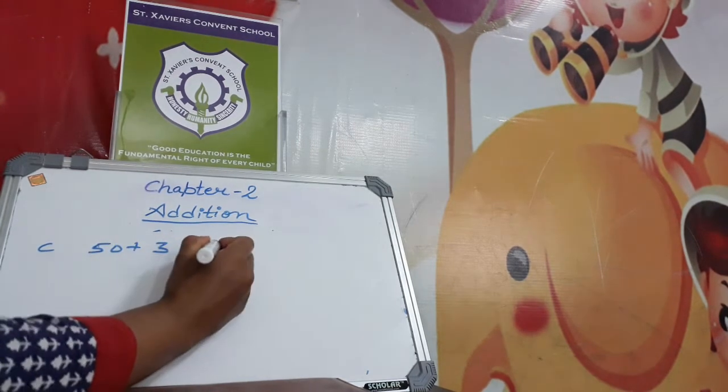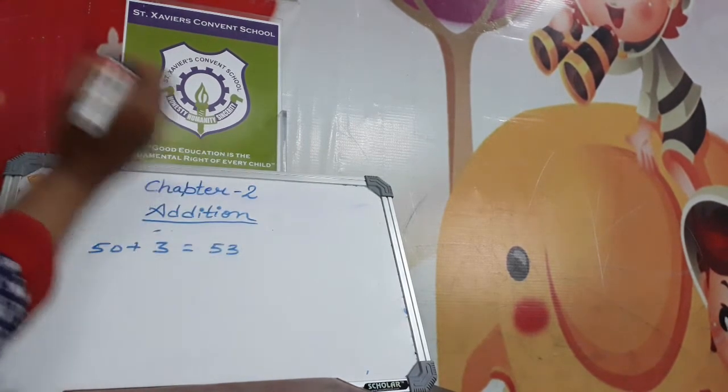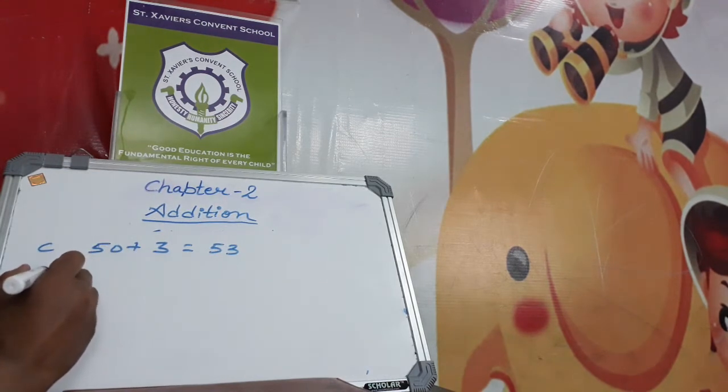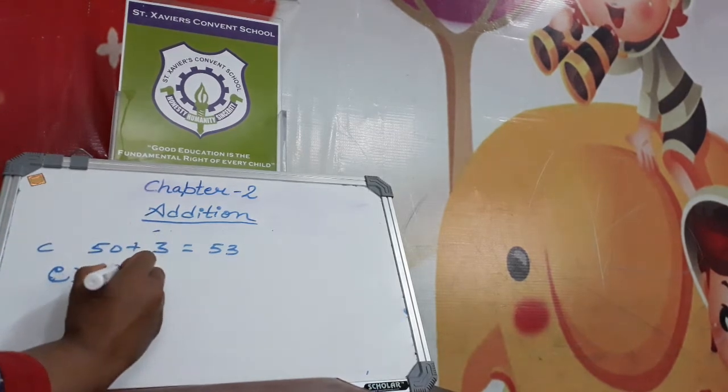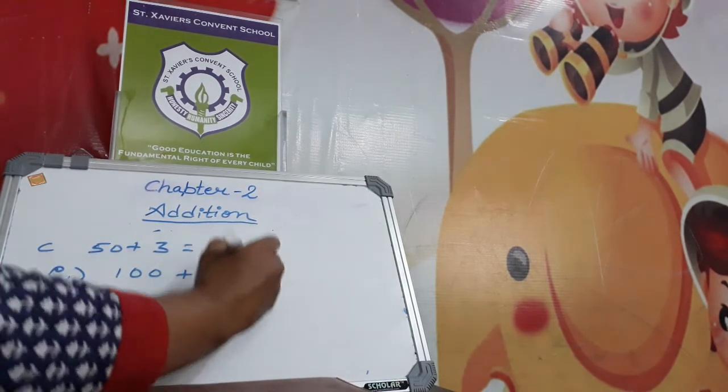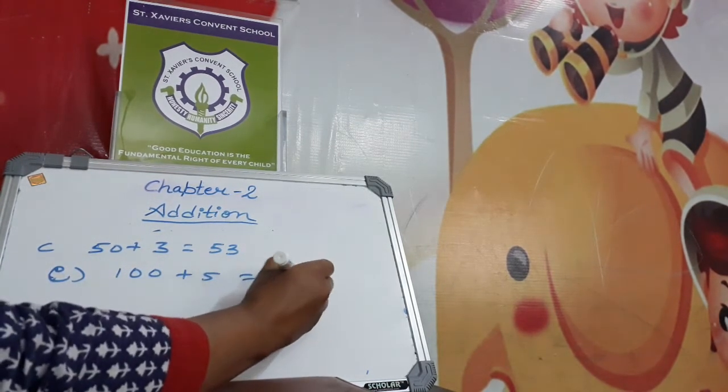The answer will be 53. E. 100 plus 5 equals 105.